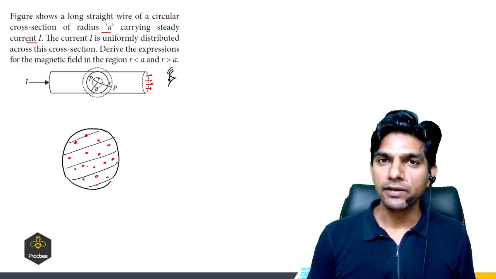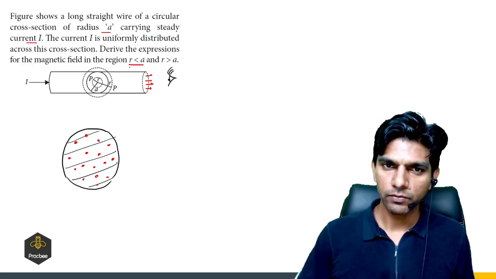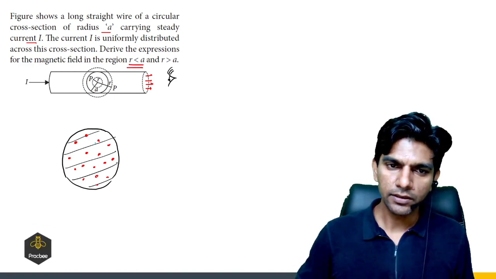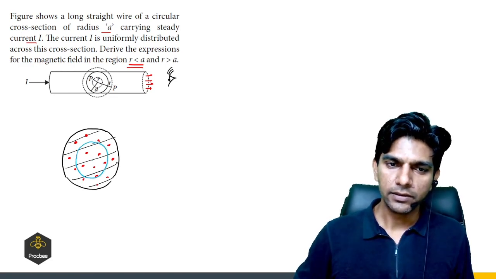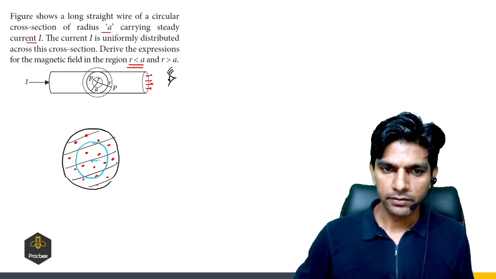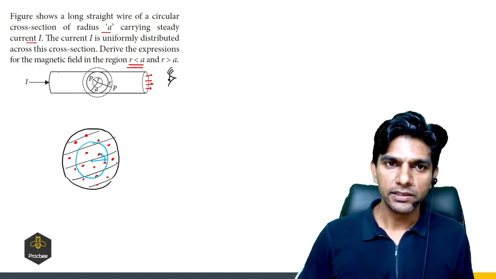Now I want to find the magnetic field at a distance r which is less than a. Let us first calculate this. So I'm going to consider a circular Amperian loop, and its center will lie on the axis of the wire, and this radius is smaller, and the radius of the wire is given as a.